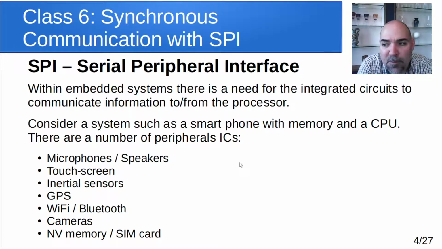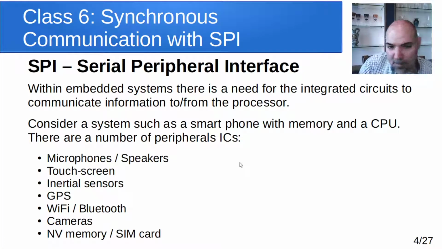But it was generally intended to be used for peripheral components in some sort of embedded system or in some sort of product to communicate information both to the processor from that sensor system or that device, and then from the processor to those devices. So it's a way to get data both from the processor to the devices, and from the devices to the processor.